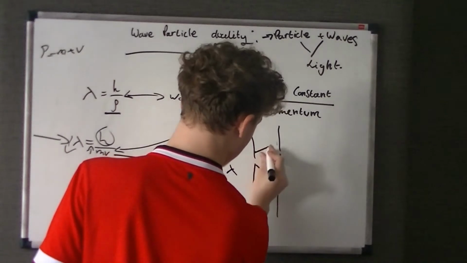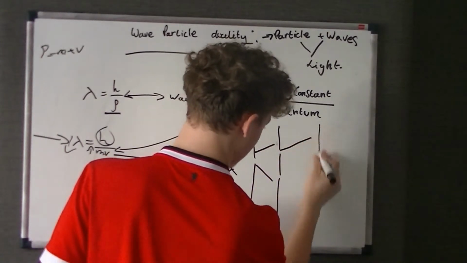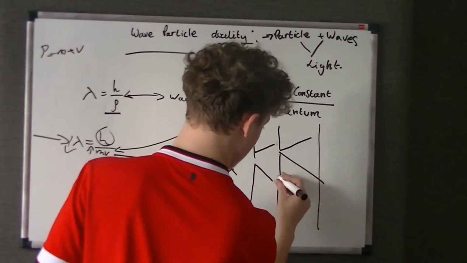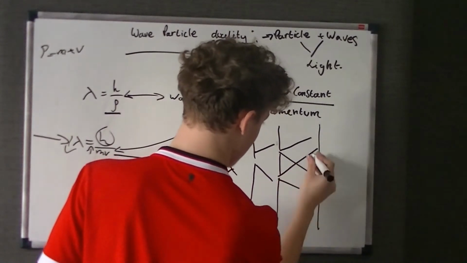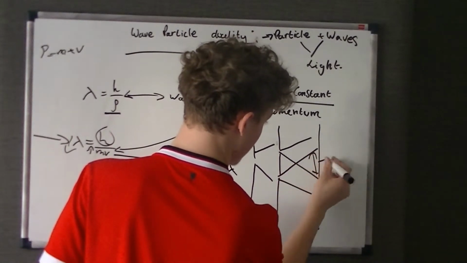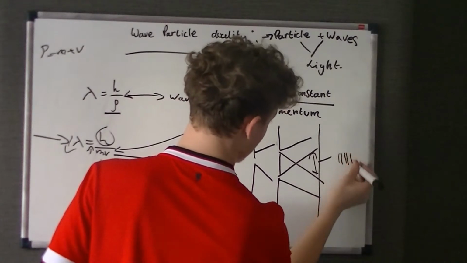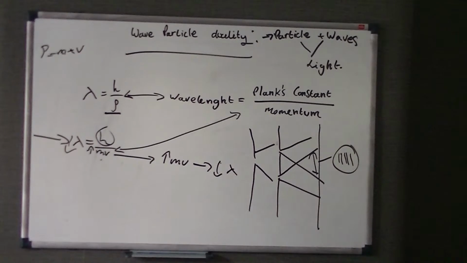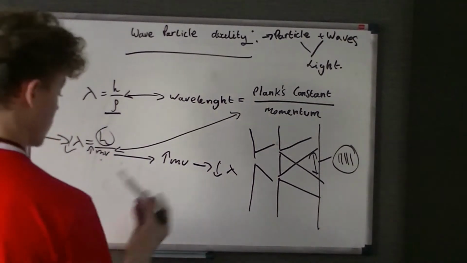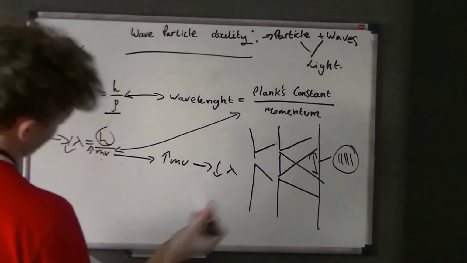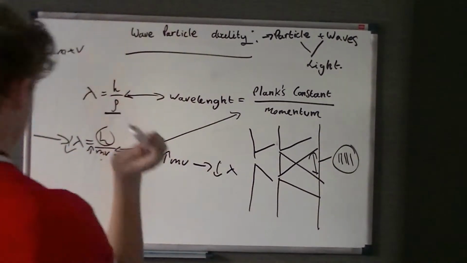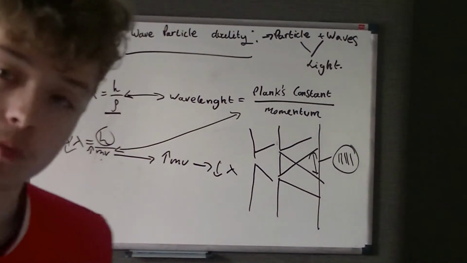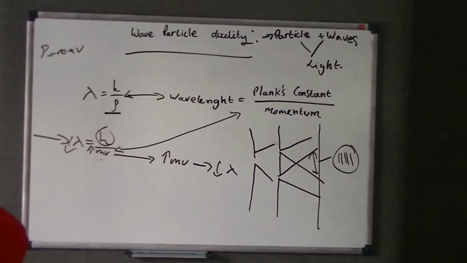I'll just draw this and move out of the way. Fringes. Sorry, that's a very poor attempt at Young's fringes, which is covered in Unit 2, but we went over it. So we use Young's double slit to measure the exact wavelength of light.